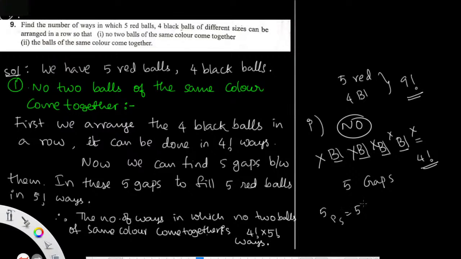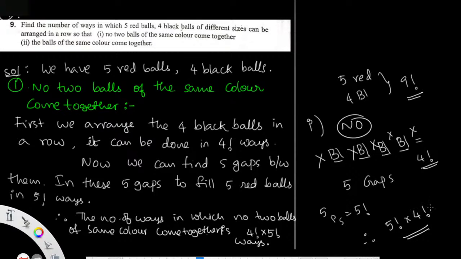Both are same. So in these 5 gaps we can arrange the 5 red balls in 5 factorial ways. Therefore, the total number of arrangements is 5 factorial into 4 factorial. So that is the answer.